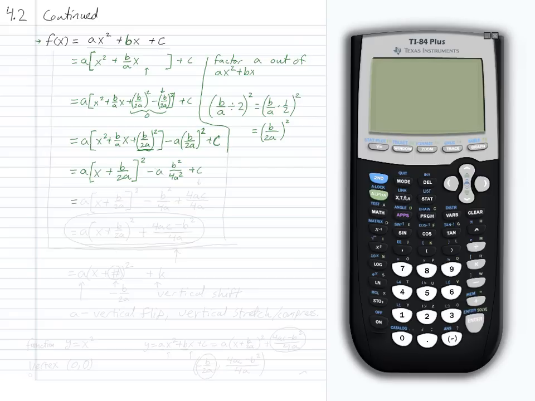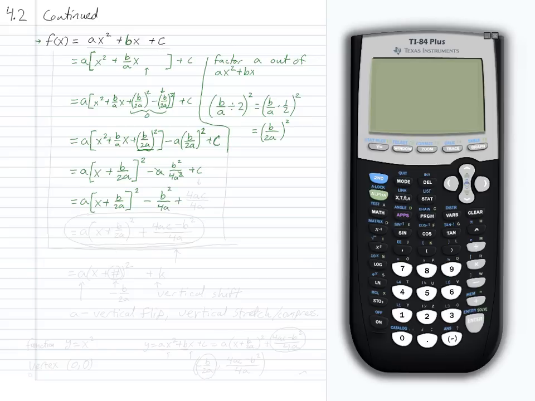Alright, and if I combine some like terms, get a common denominator here, I won't be messing with that x plus b over 2a quantity squared. I'll multiply the a by the a in the denominator. That gives me b squared over 4a.